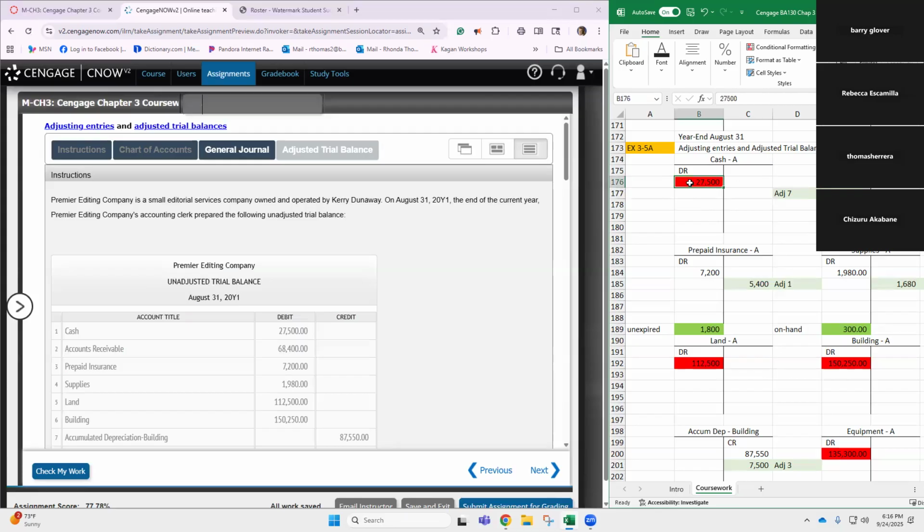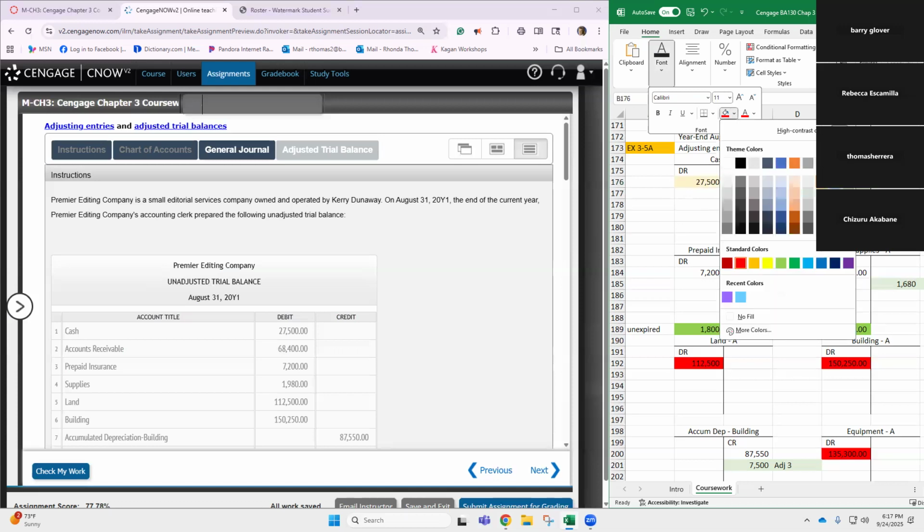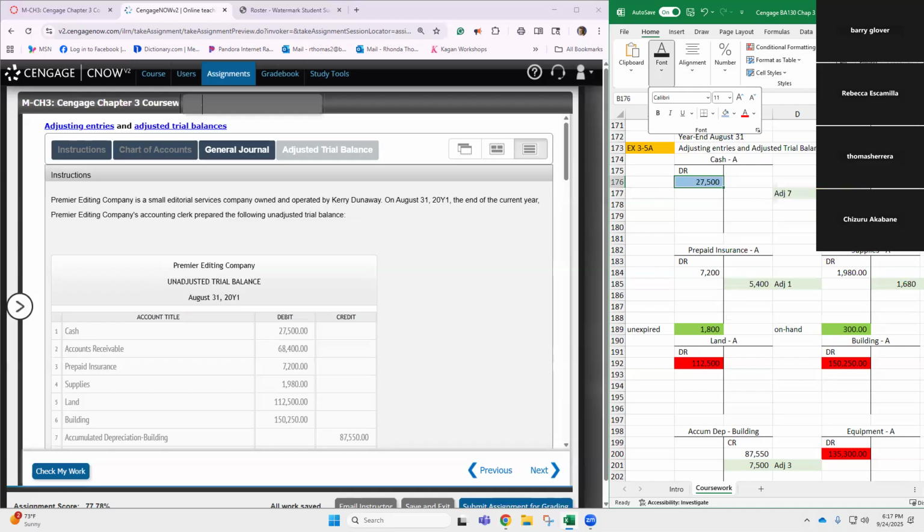I made this red because that's an account you don't adjust, but that red makes it look violent, so I'm going to turn blue the ones that we aren't going to adjust. But we will be adjusting accounts receivable, so an account that has an amount we are going to adjust, I just left white. We'll come back to what that adjustment will be and a new balance in a minute.